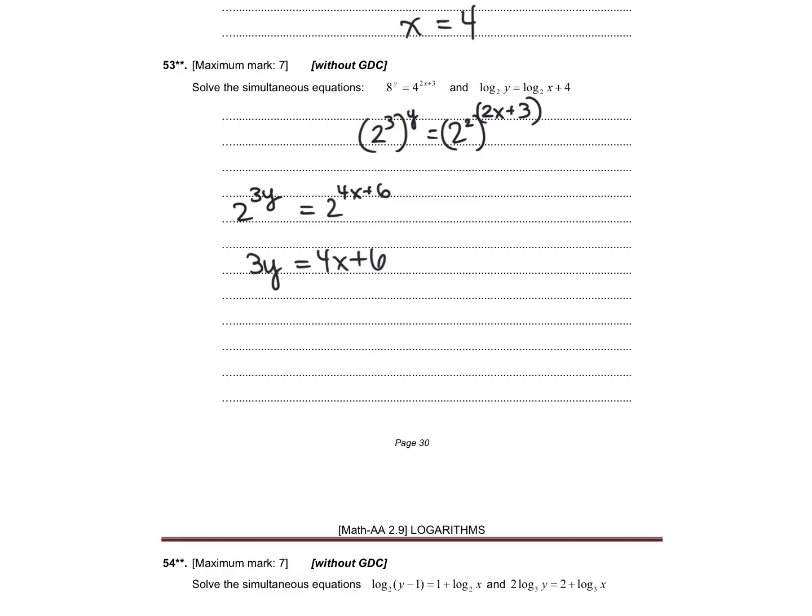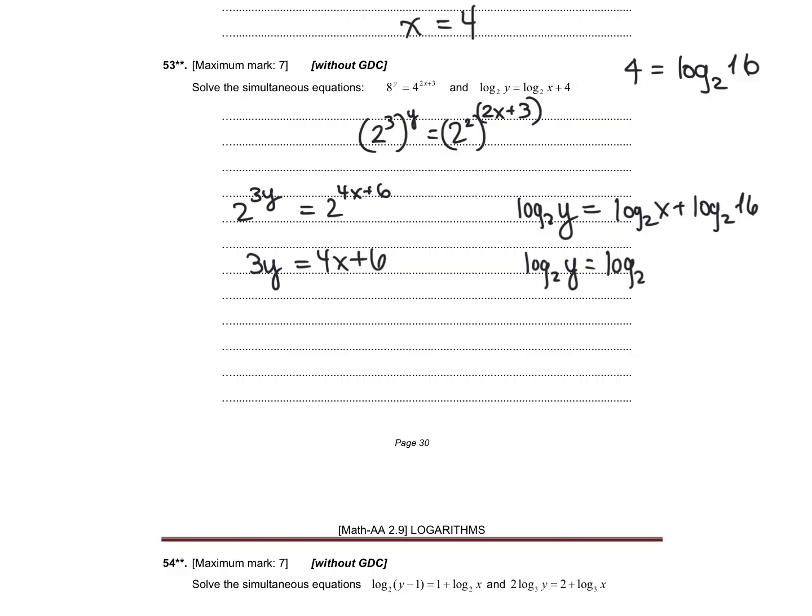And the other one, if we write 4 as log base 2 of something, that's going to be 16. And then if we get these together by multiplying, we're going to have y is 16x.